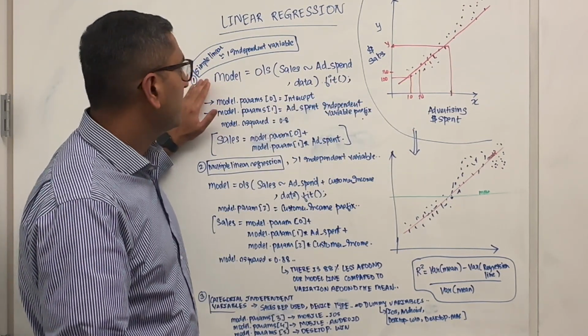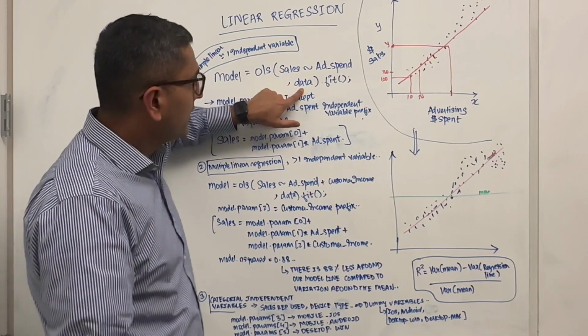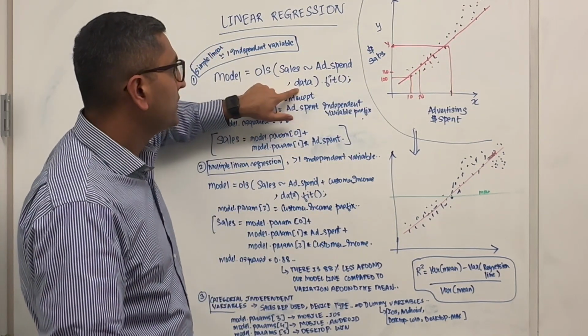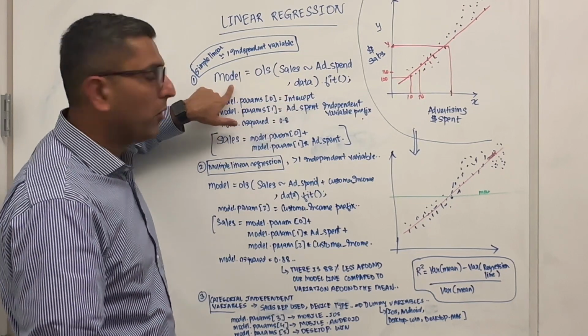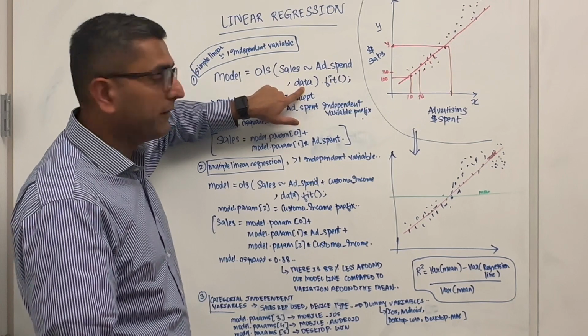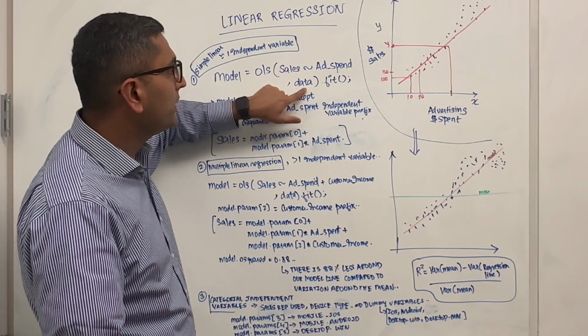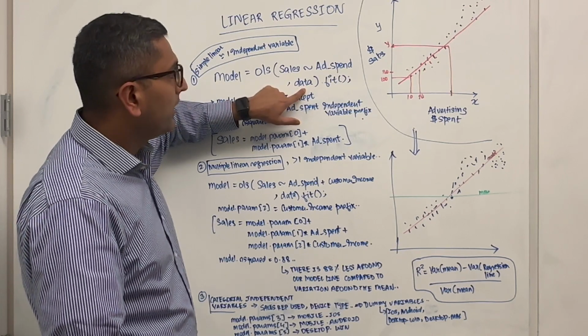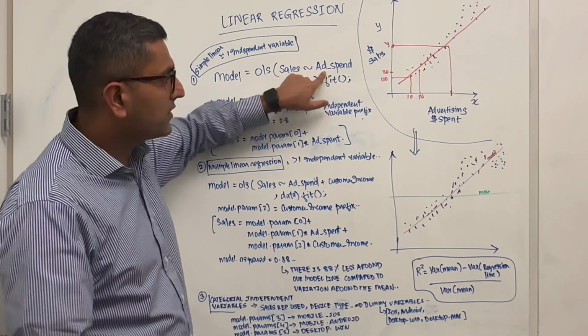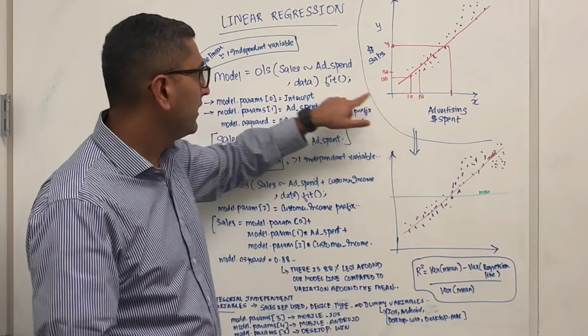So the way you do that is you have your data points, which are all of these blue dots, right? And you say, I want to build a model based on these data points. Look within this data for a column which represents the ad spend, which is one of your independent variables.